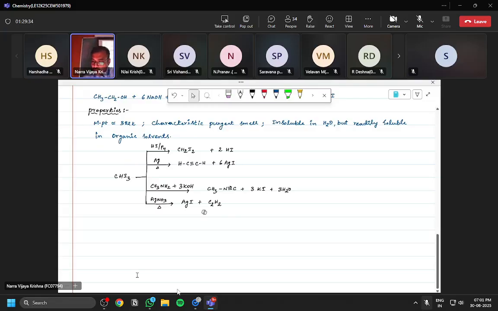Next. Iodoform is used as an antiseptic for wounds. Used in the manufacture of pharmaceuticals.